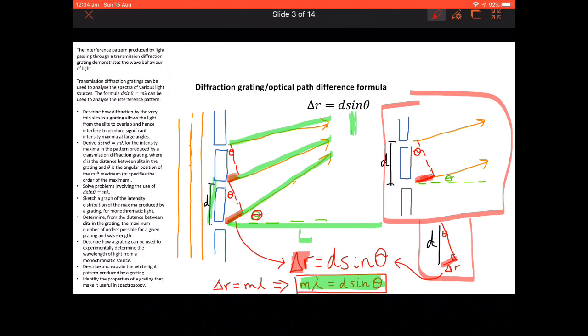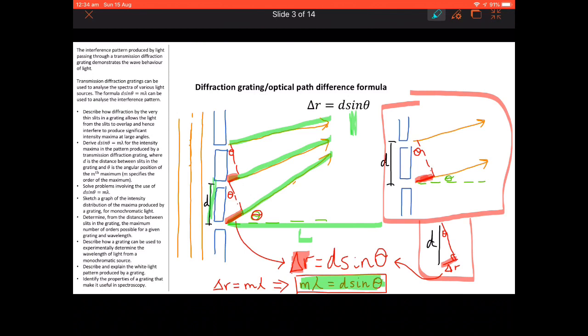So we're working out what the opposite side is. The opposite side is delta r, the difference between the lengths of parts of each light wave, and we're multiplying sine theta by the hypotenuse, which happens to be the distance between the midpoint of each slit in the grating.